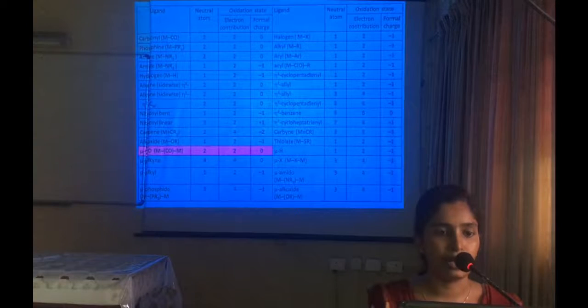Then only we can apply the oxidation state method. If we take a neutral ligand, the number of electrons donated is the same in both methods. If you are taking an anionic or cationic ligand, the number of electrons donated is different.